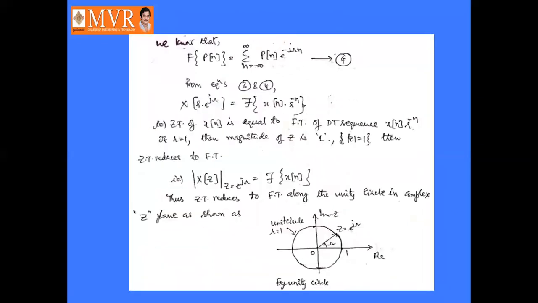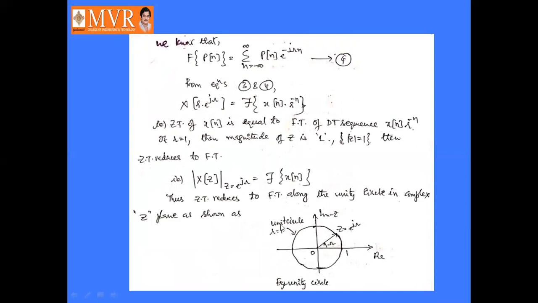So how is the Fourier transform related to the Z transform? The Z transform at z equal to e power j omega is equal to the Fourier transform of x of n, where r is unity, that is r equal to 1.